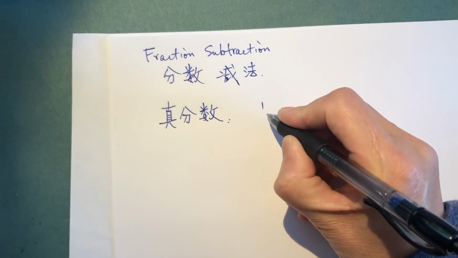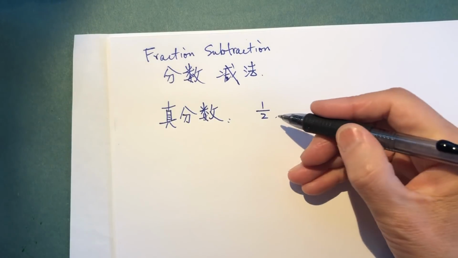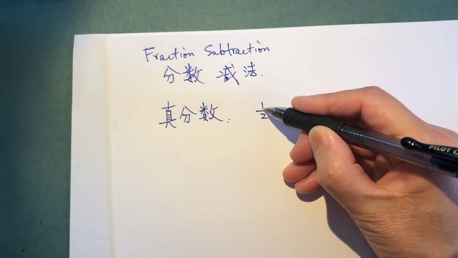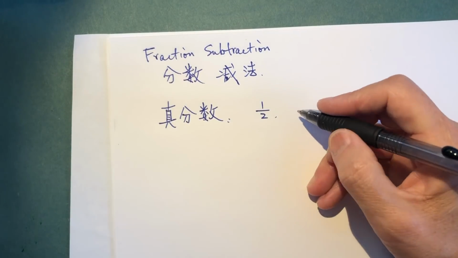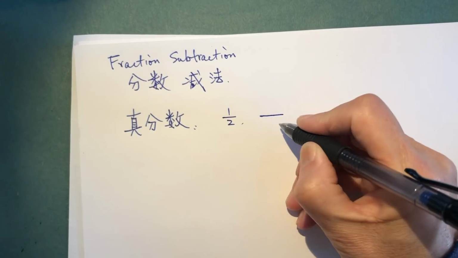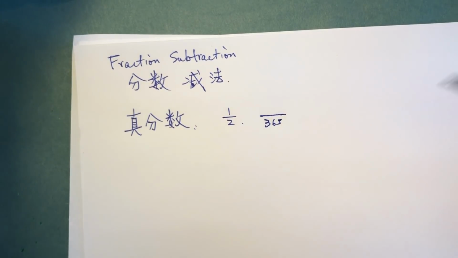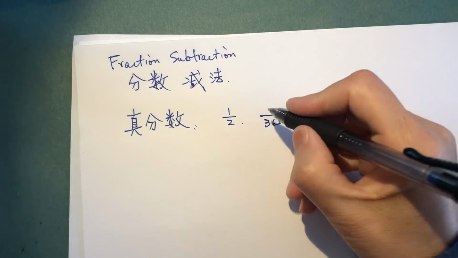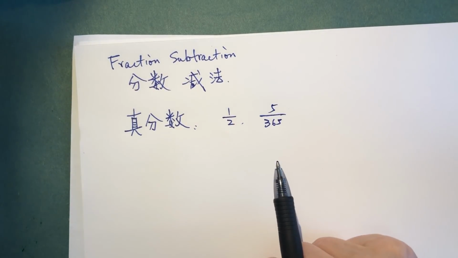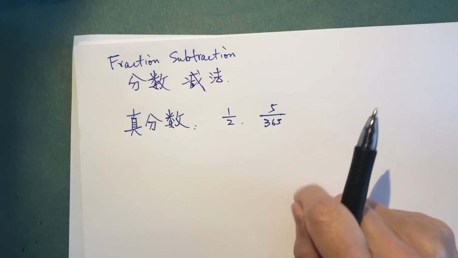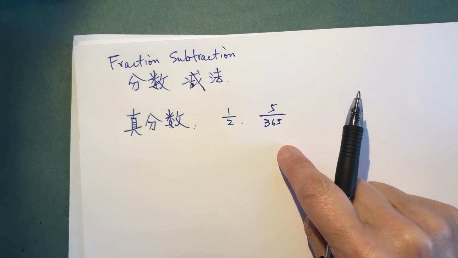Okay, for example, 1 over 2, this is 真分数. Why? Because the denominator is bigger than the numerator. Another number, 365 over 5. The denominator is bigger than the numerator. This is 真分数, but this is not simplified 真分数, but still this is 真分数.